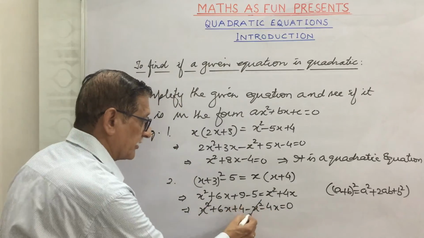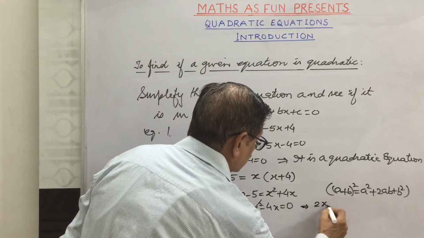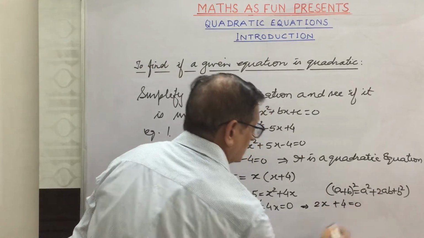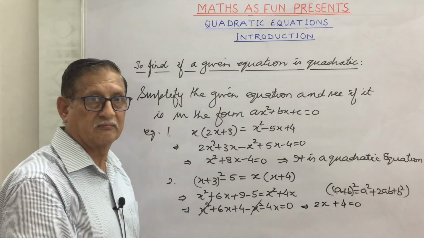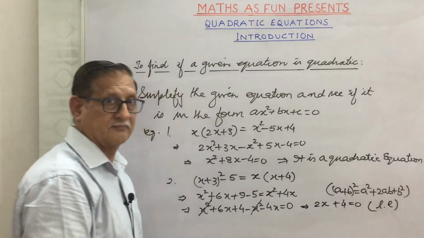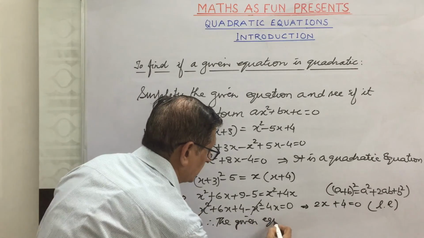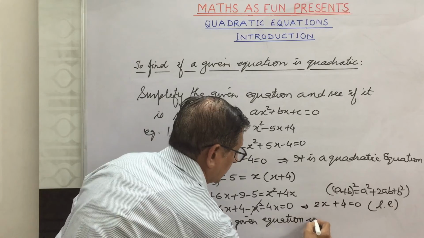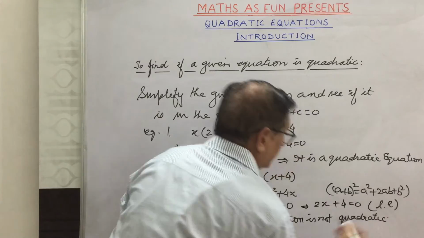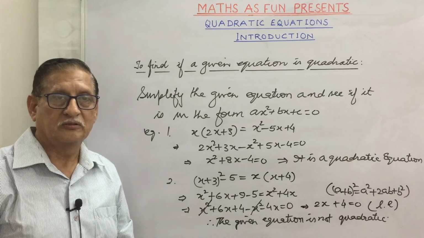We find here x² and x² get cancelled, and we are left with 6x - 4x, that is 2x + 4 = 0, which is a linear equation. This is not a quadratic equation, so we can write it is a linear equation. And hence we can say, therefore, the given equation is not quadratic. This is the way we can find out whether a given equation is quadratic or not.